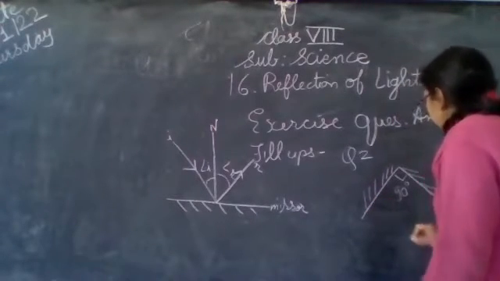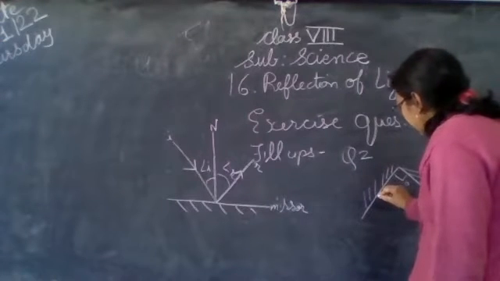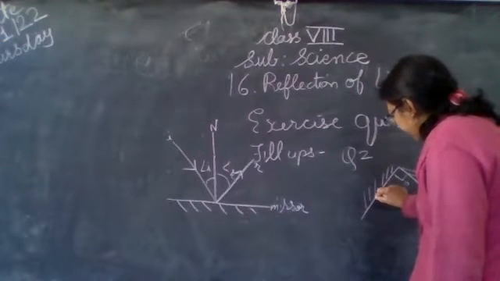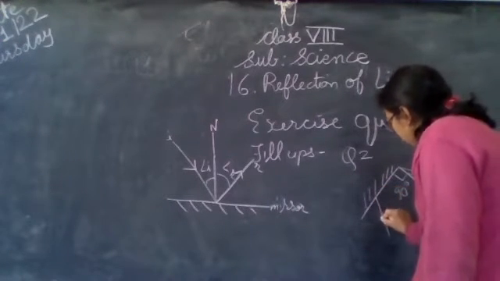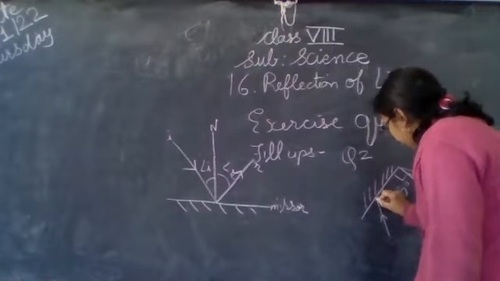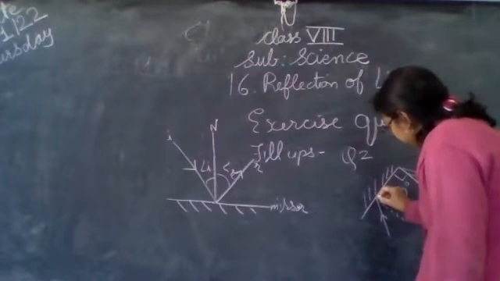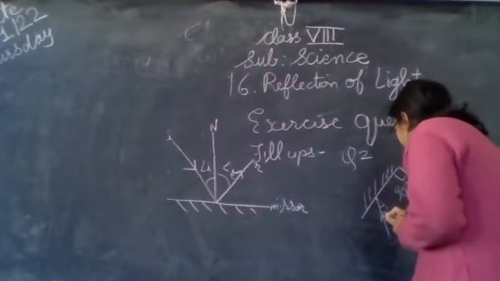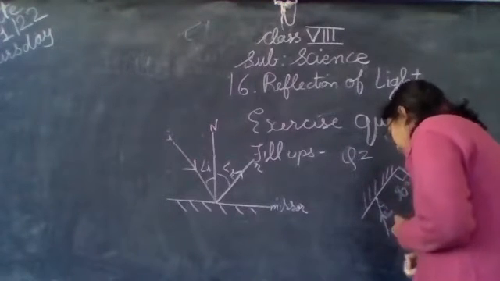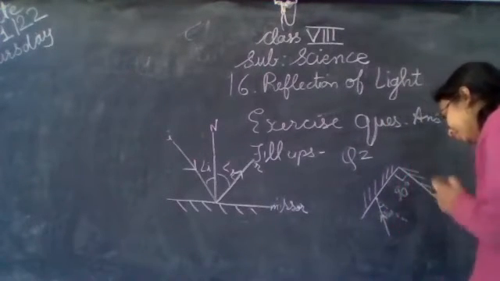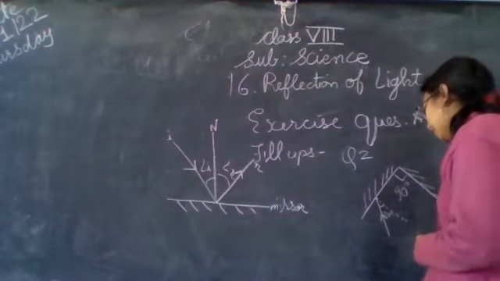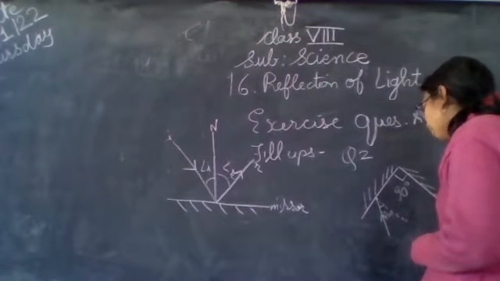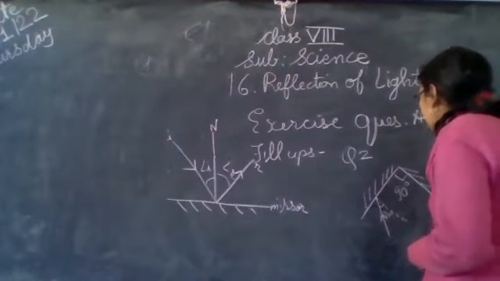Okay, on one of the mirrors, if there is an incident ray that is falling on it at an angle of 30 degrees, in that case, what we have to draw is the ray reflected from the second mirror.